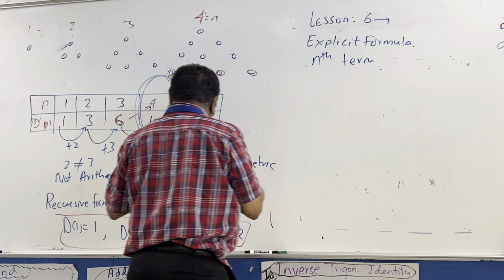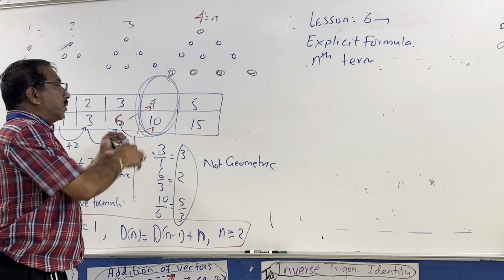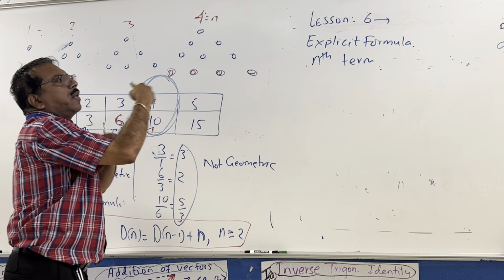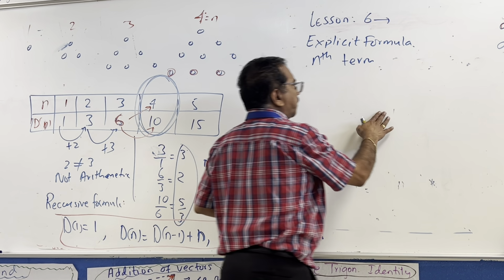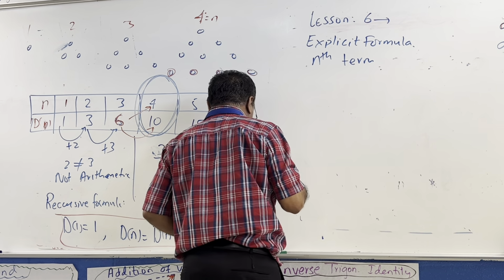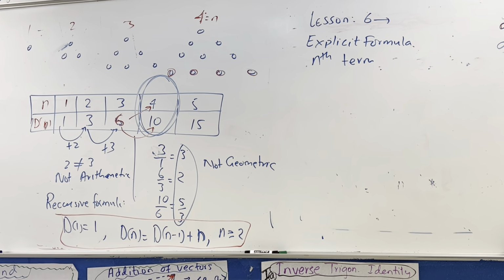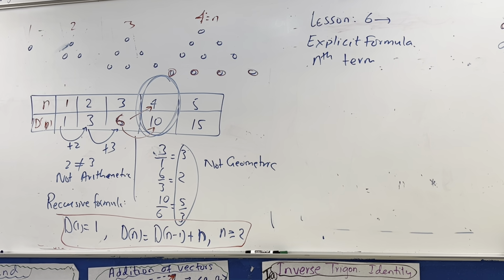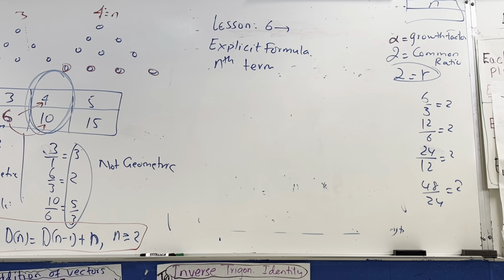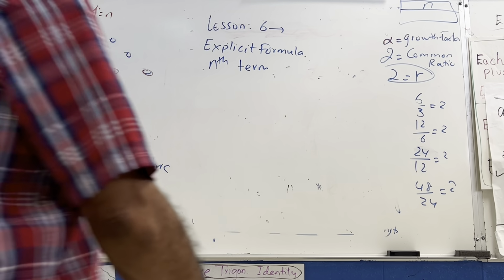This recursive formula is only knowing the previous one. Now what is the meaning of explicit formula? I'm going to take the same example. Okay, let me take one example.